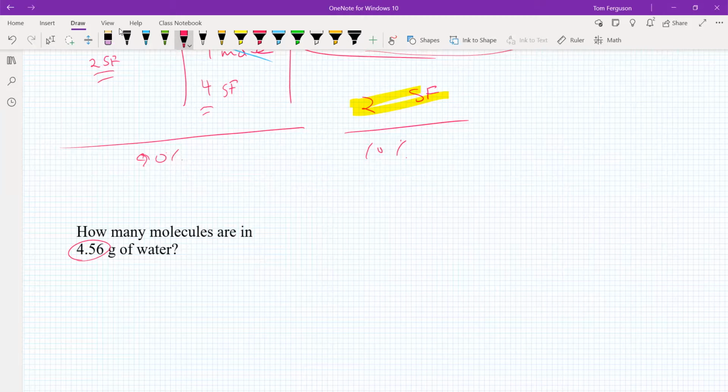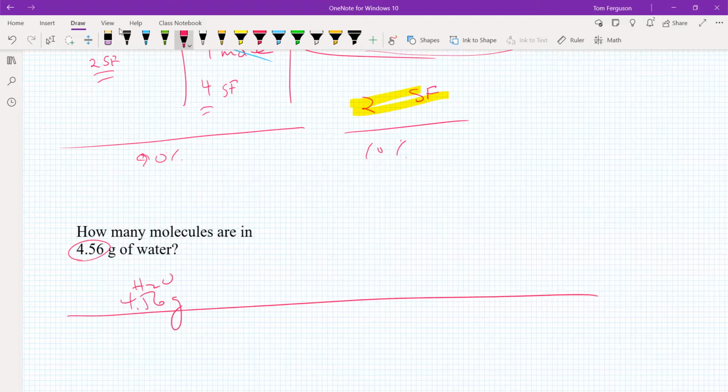Now, sometimes we have 2 givens, and that's going to complicate things a lot, but we'll get to that later. Okay, so we have 4.56 grams of water. And what are we trying to calculate? The amount of molecules.